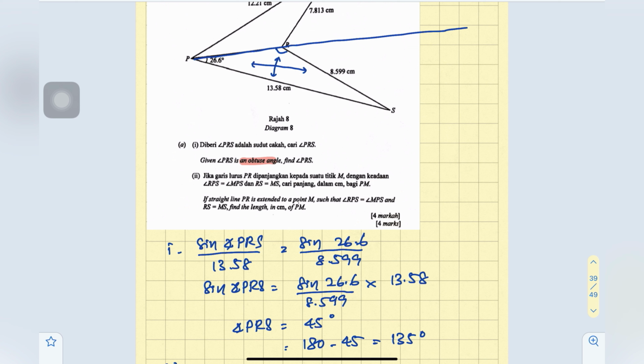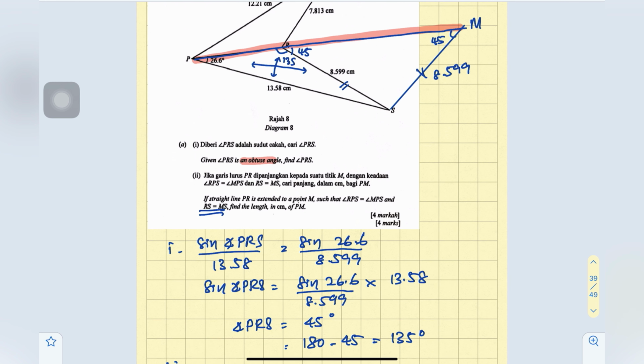Okay, so lepas tu RS equals to MS. So right here sama. Okay, so ni sama. So ni M lah. Okay, this one 8.599. So tadi yang ni kita dah dapat tadi 135. So kita boleh carilah straight away. This one 45, this one 45. Okay, dia nak length in centimeter of PM. Okay, dia nak PM yang ni.